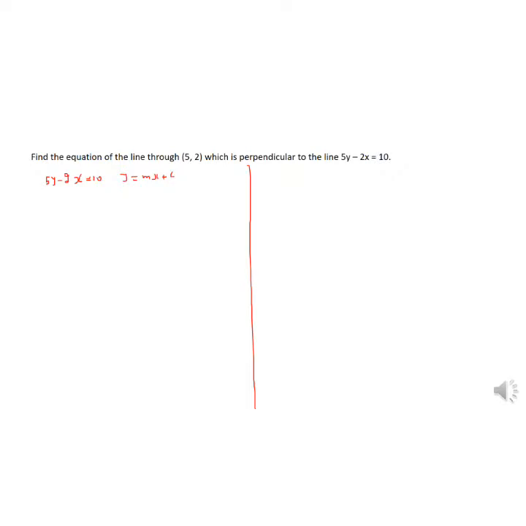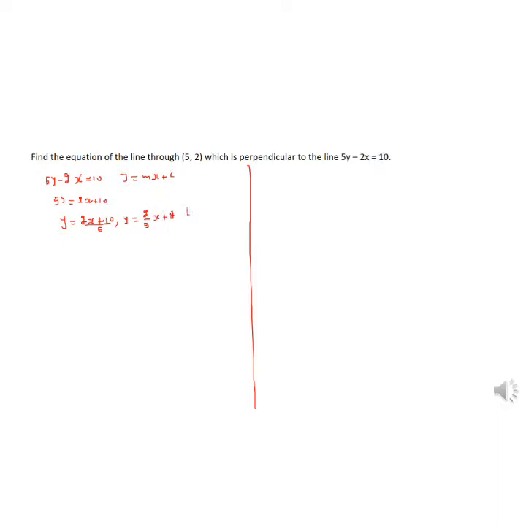So now 5y is equal to 2x plus 10, and now y is equal to (2x plus 10) over 5, and now y is equal to 2/5 x plus 2.